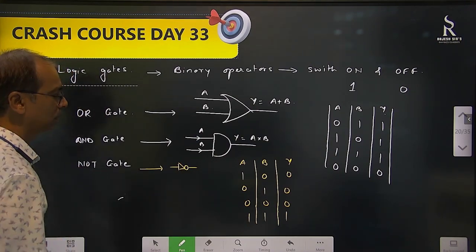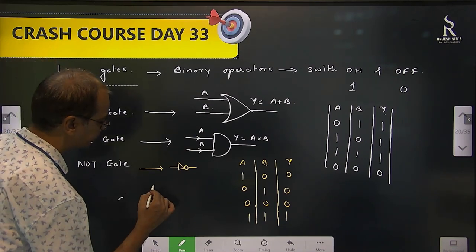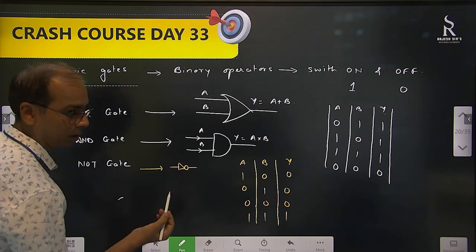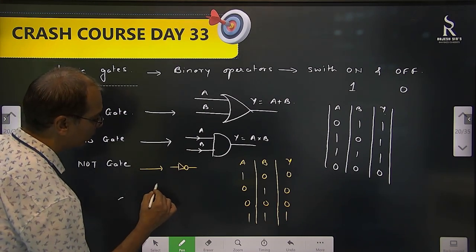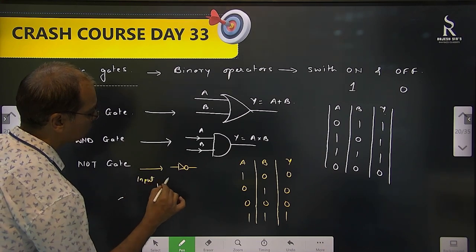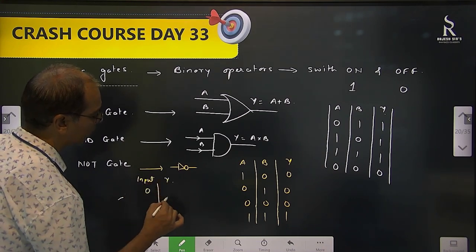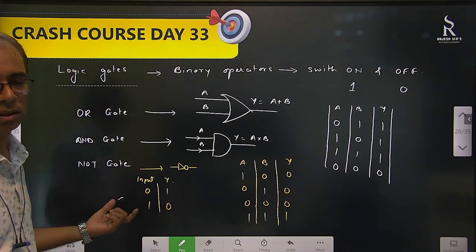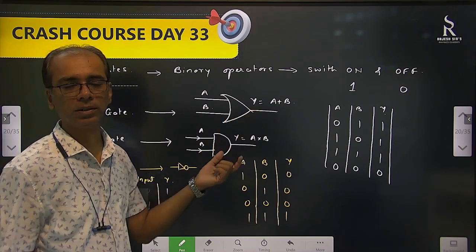So what is the meaning of this? A single input is coming, not double input. If input is coming 0, this is input and this is output, it will make 1. If 1 is coming, it will make 0. This is NOT gate, this is OR gate, this is AND gate.